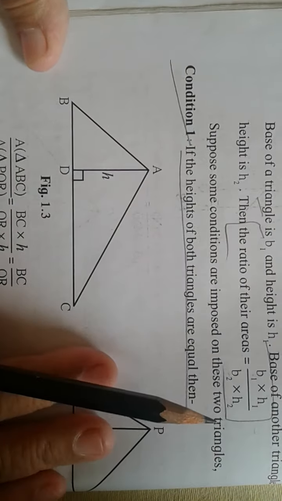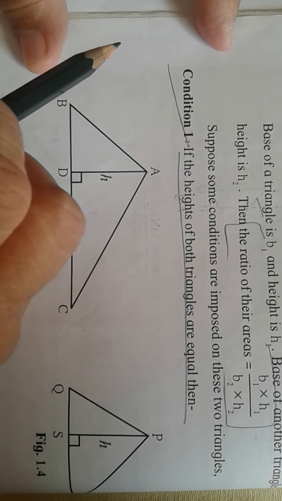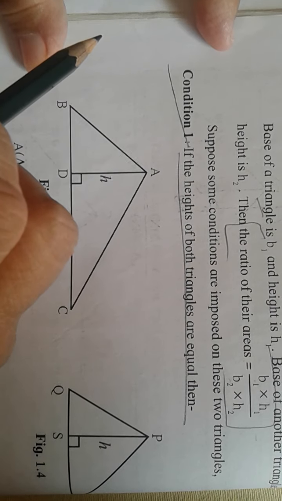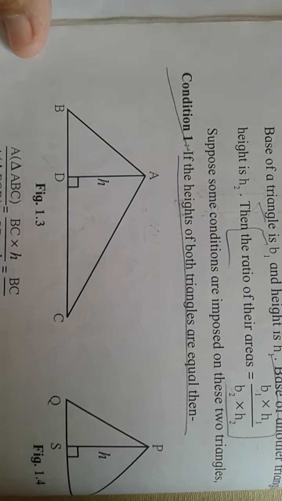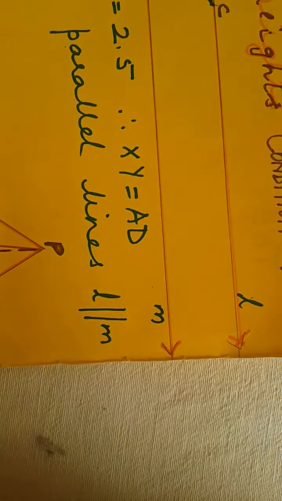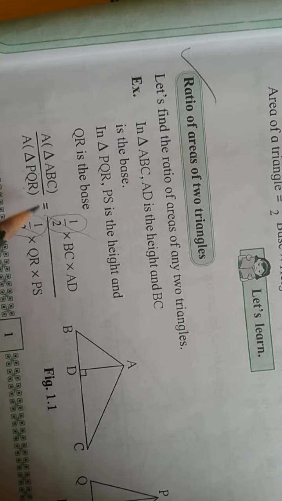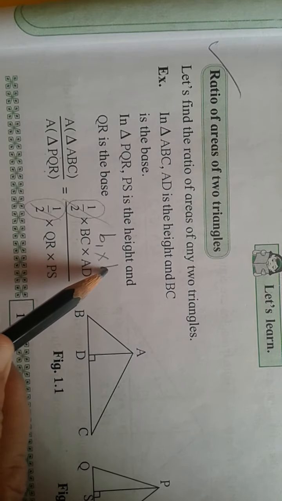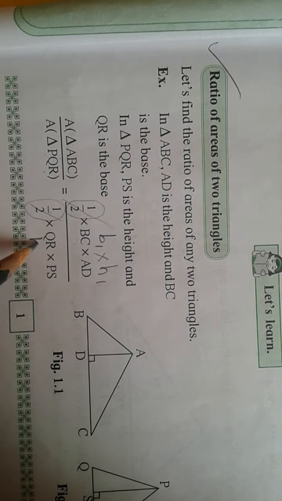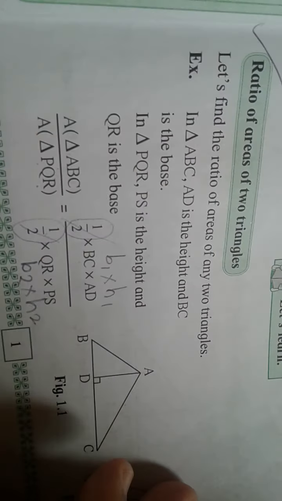Here A1 is, suppose, the area of the first triangle and A2 is the area of the second triangle. Then half got cancelled. So area of one triangle upon the area of the other triangle is equal to base of one triangle multiplied by height of one triangle upon the base of the second triangle multiplied by the height of the second triangle.